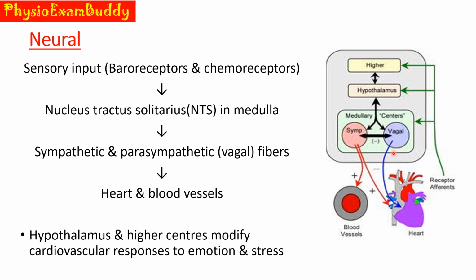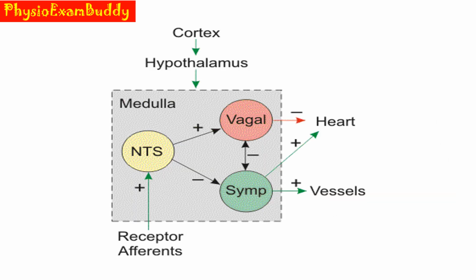Vagal outflow or parasympathetic outflow is mainly into the heart, whereas sympathetic outflow is going both to the heart as well as blood vessels. The higher centers as well as the hypothalamus will modify these cardiovascular responses to emotion and stress. Basically, whenever there is sympathetic stimulation, it has a stimulatory effect both on the heart as well as blood vessels, whereas if there is vagal stimulation, it has an inhibitory effect on the heart.